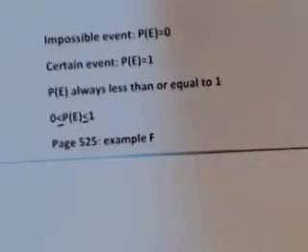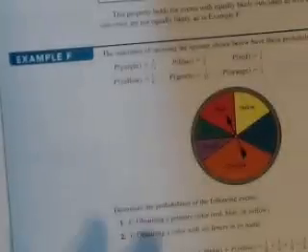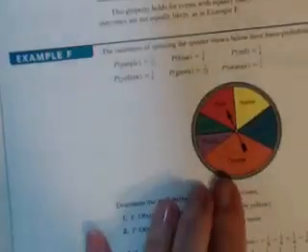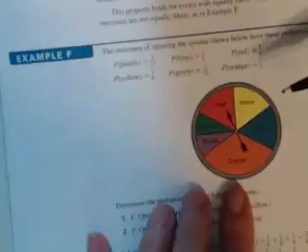Now if you look on page 525 at example F, you have a spinner. And the probability for each of these is based on the area of the circle that it takes up.